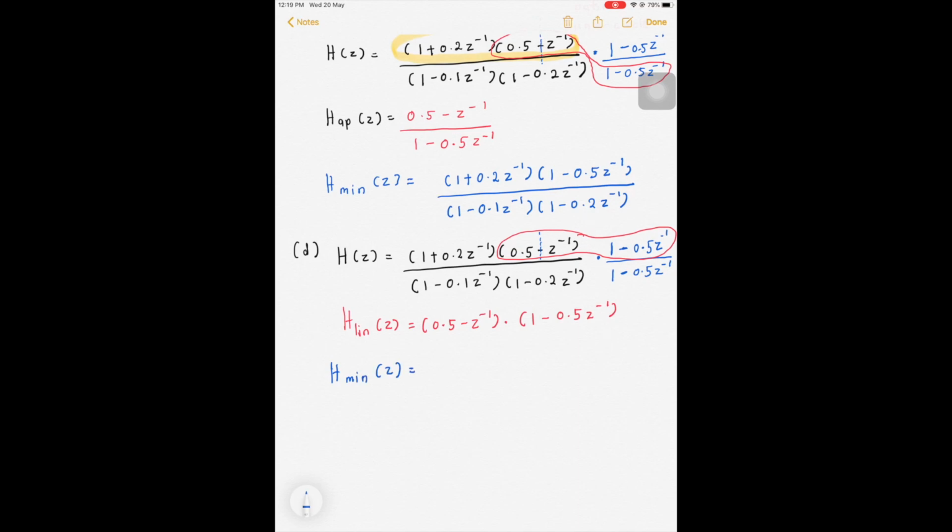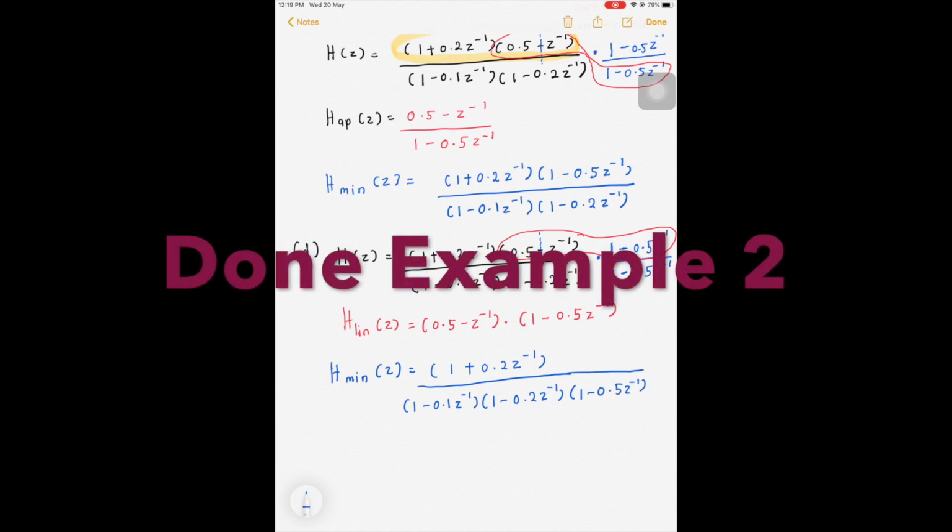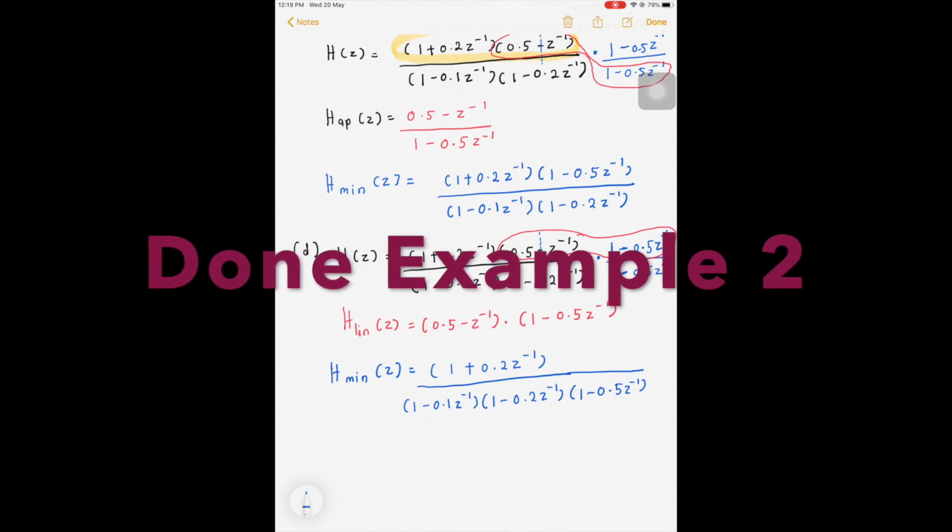Your H minimum(z) is the remaining function after you take out the H linear. Then you have (1 plus 0.2 z^-1) over (1 minus 0.1 z^-1) times (1 minus 0.2 z^-1) times (1 minus 0.5 z^-1).